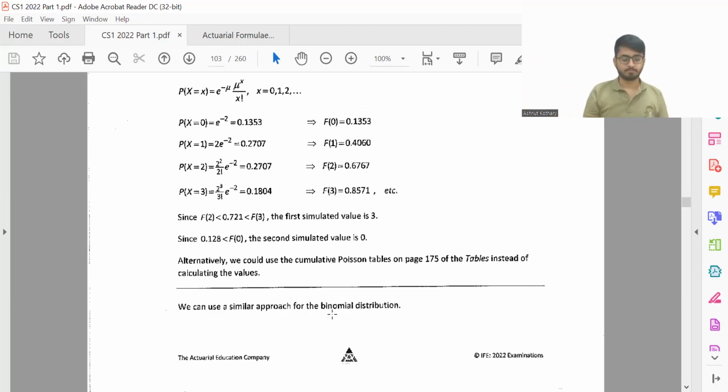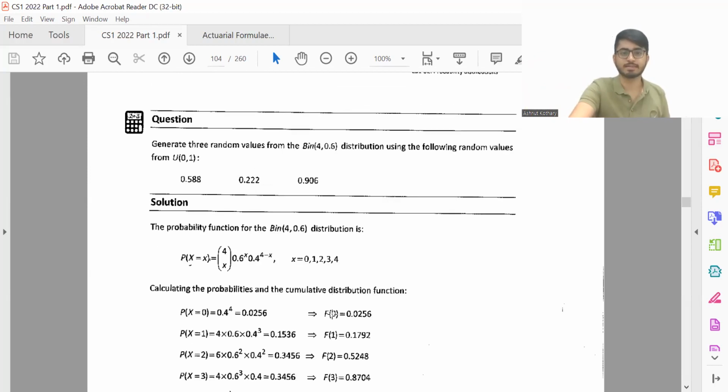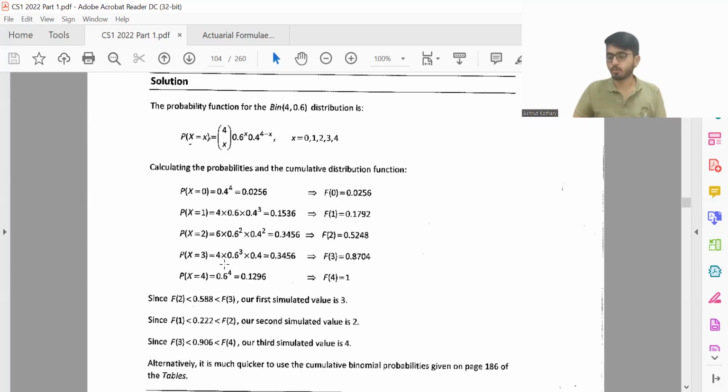Clear? So that is the way to do it for this particular distribution. Let us take another example. Generate 3 random values from a binomial 4, 0.6 distribution using these 3 values. Again, you can find the CDF directly from tables, or alternatively calculate. So you will find that F0 is 0.0256, then F1, F2, F3, F4. We have found all possible values.